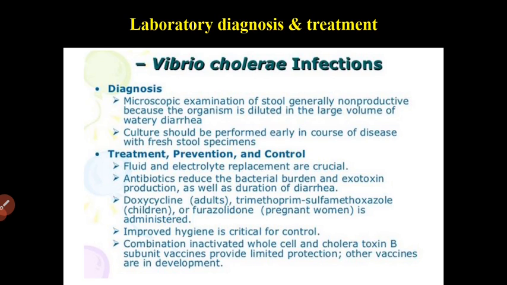Now, treatment, prevention and control part. Fluid and electrolyte replacements are crucial. Antibiotics reduce the bacterial burden and exotoxin production as well as duration of diarrhea. Doxycycline in adults, trimethoprim-sulfamethoxazole in children, or furazolidone in pregnant women is administered.